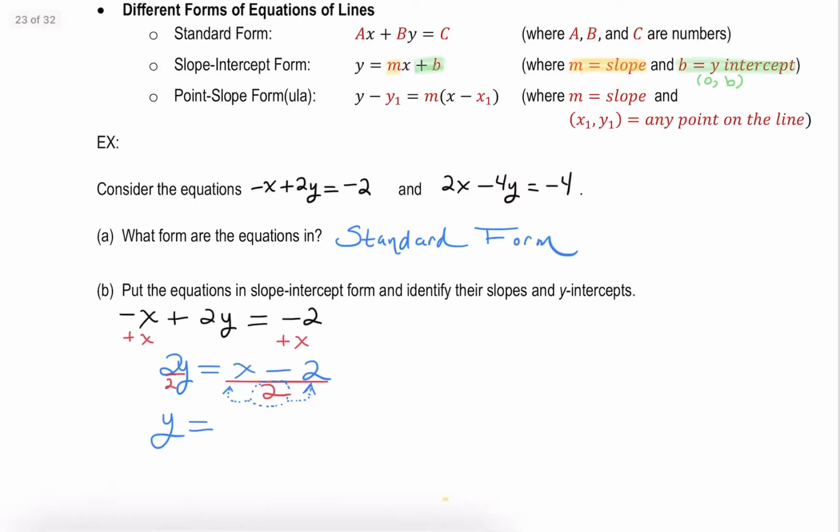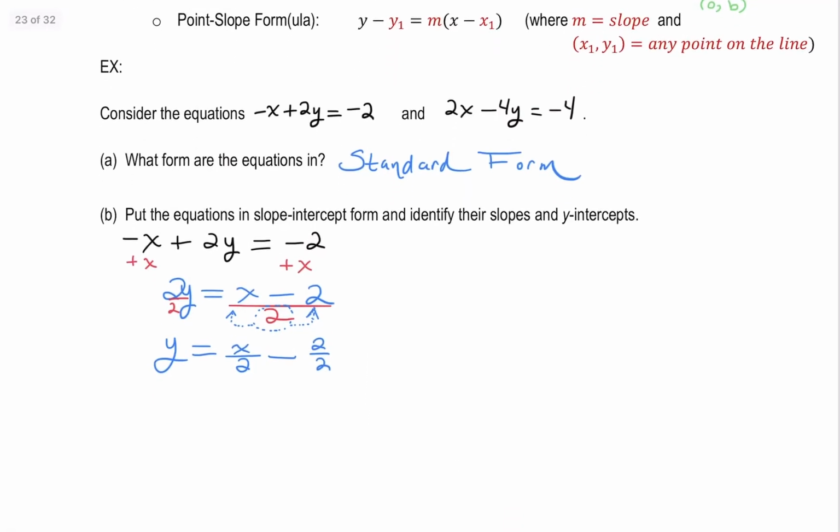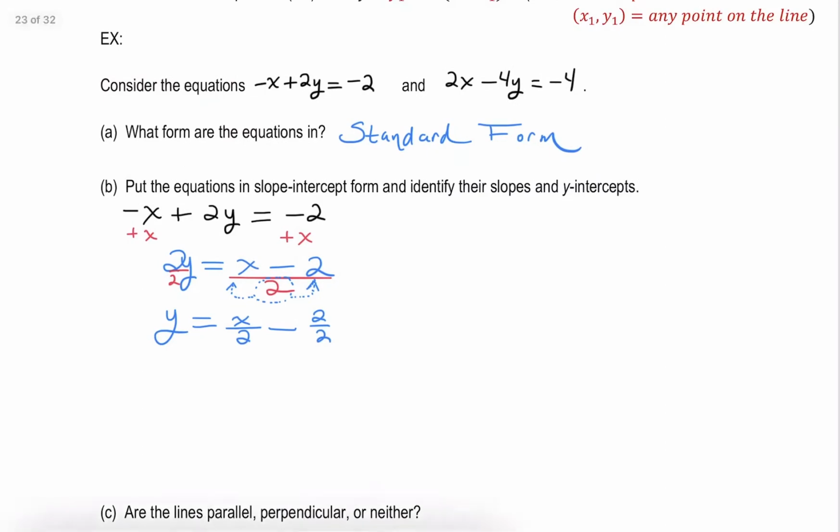So in the first term, this is going to look like x, and I'll even write it this way initially, over 2. In the second term, minus 2 over 2, and of course that's going to be 1, but I'll just write it out this way, at least for the first time. And now we would want to reduce where we can, and also that first term. We really want it to be the m, the number, and then times the x.